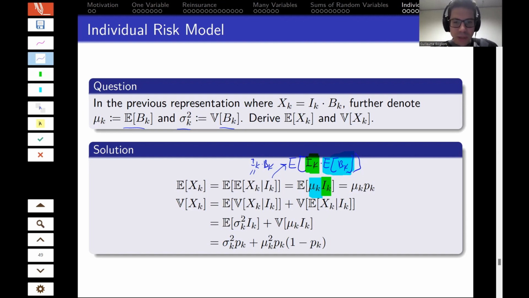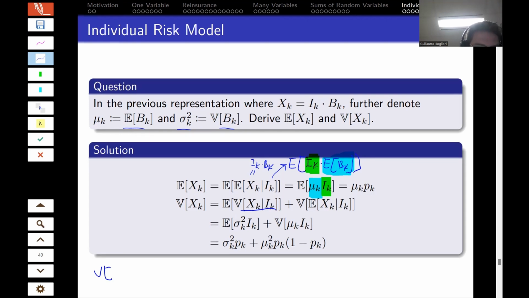For the variance, you have something quite similar. Again, let me just write here. Variance of XK given IK, but remember, XK is just IK times BK. Okay, but given here, given IK.